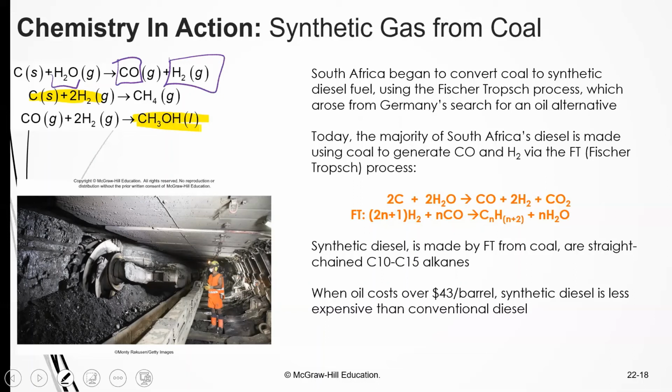And so over time, you can build longer and longer chains of carbon by adding in more and more carbon monoxide. This arose from research in Germany when they were looking for an oil alternative. I believe this was back during World War II, or World War I, when they were looking at options so they wouldn't run out of gasoline if they couldn't import any more oil.